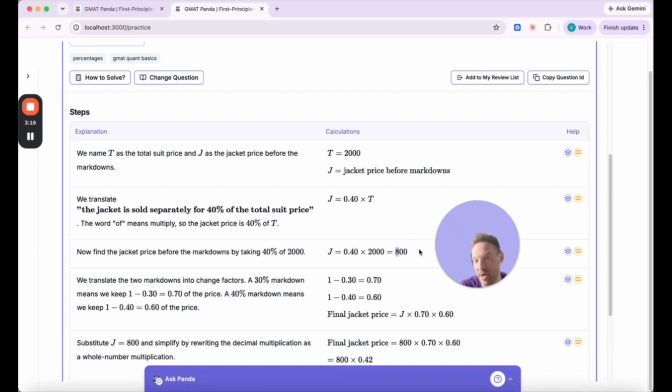So the way I would do this personally is think, okay, 4 times 2 is 8, and then is it going to be 80? Is it going to be 800? Is it going to be 8,000? 8 million? Well, if we're taking a 3-piece suit at $2,000 and we're taking 40% of that, we would not expect this price to be higher than 2,000.